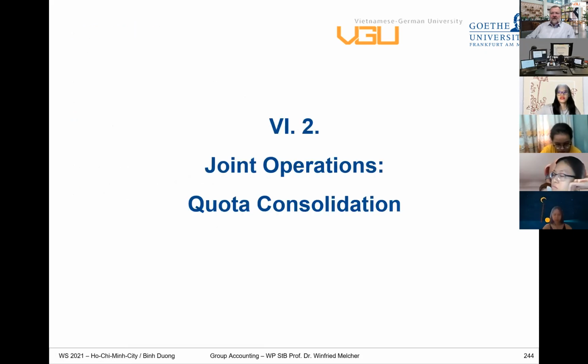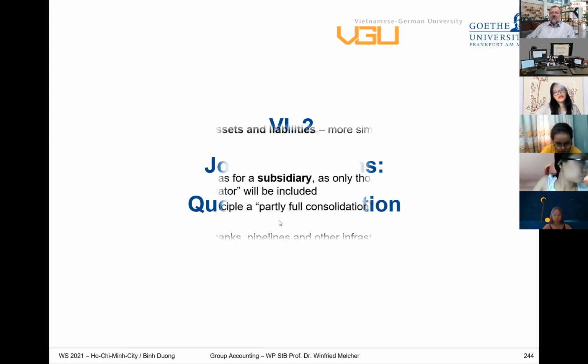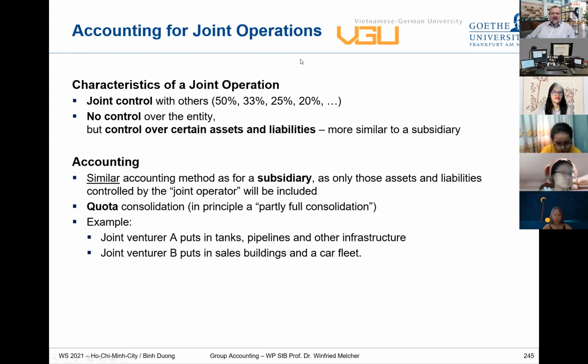But if it's a joint operation, we have to use the quota consolidation. The characteristics of a joint operation are that you have control with others, no control over the entity, but control over certain assets and liabilities. So if you have control over certain assets and liabilities, why don't you just put those assets and liabilities that you have control of into the balance sheet?